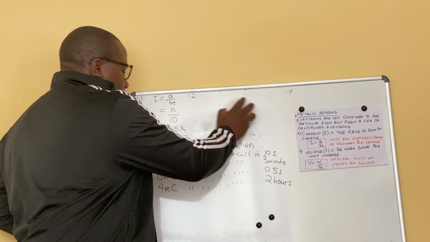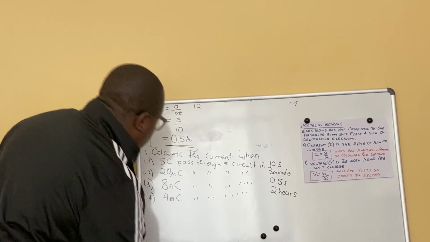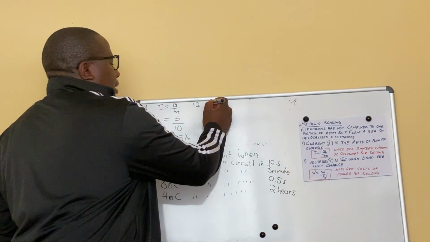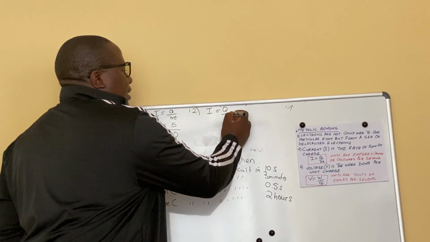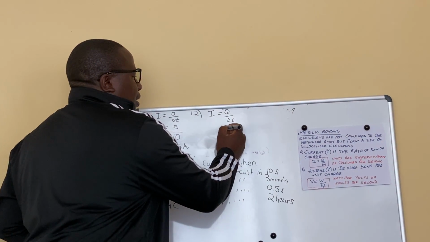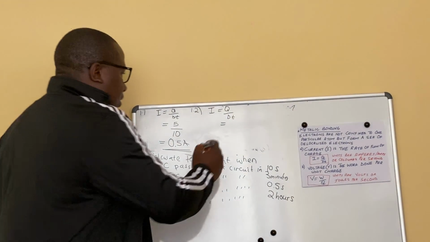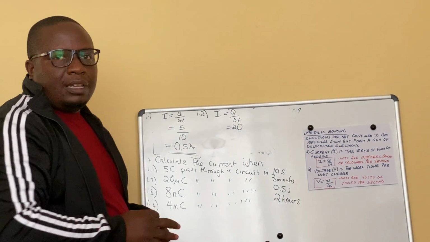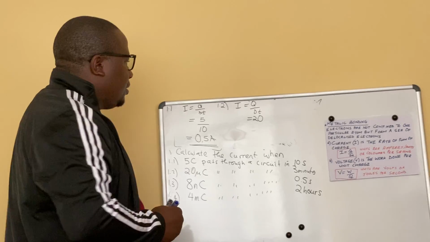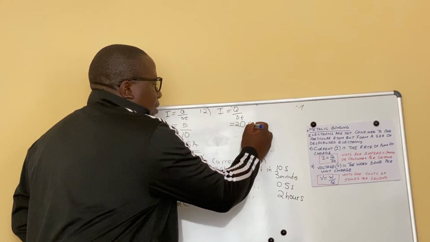So what do we do for 1.2? We do a very simple thing. We write the formula first. Our I is equal to Q divided by delta T, which is equal to, my charge is 20 microcoulombs. Micro means exponent -6. It means times 10 to the power of -6.